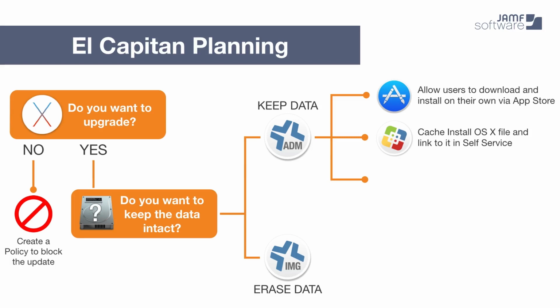So you could cache them on all of your Macs on your network. And you could make sure you trigger it at a low peak time so it doesn't kill your bandwidth. And then you can add a link to it in self-service. So when a user's ready to install, they simply click the link in self-service and it triggers it right away since it's been pre-cached on there.